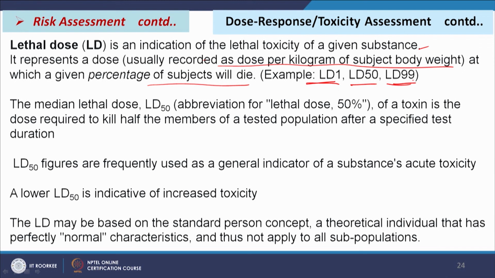So, the median lethal dose LD50, abbreviation for lethal dose 50% of a toxin, is the dose required to kill half the members of a tested population after a specified test duration. And LD50 figures are frequently used as a general indicator of a substance's acute toxicity, and a lower LD50 is indicative of increased toxicity, and the LD may be based on the standard person concept.